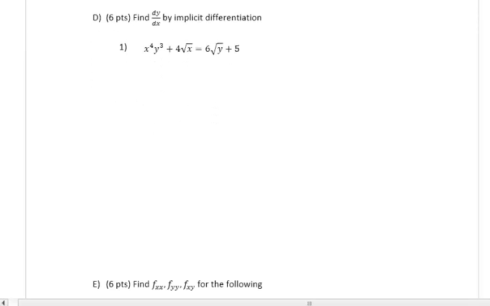Part D is probably where most of the points were lost, finding dy/dx. The first part, we've got a product. Think about that as a product, x to the 4th times y cubed.